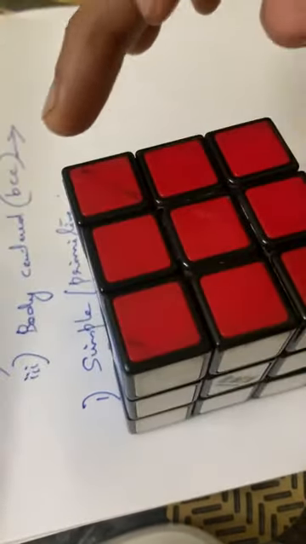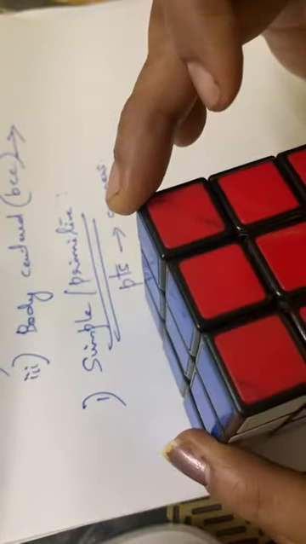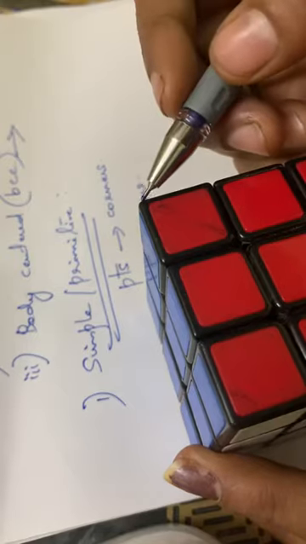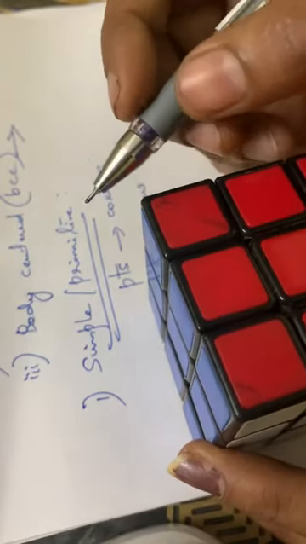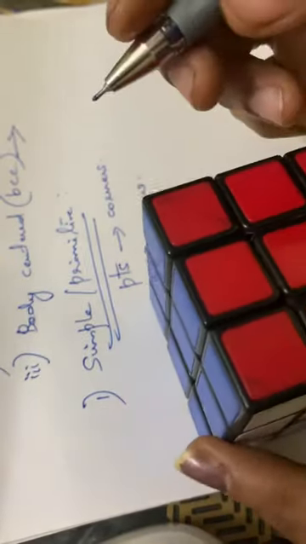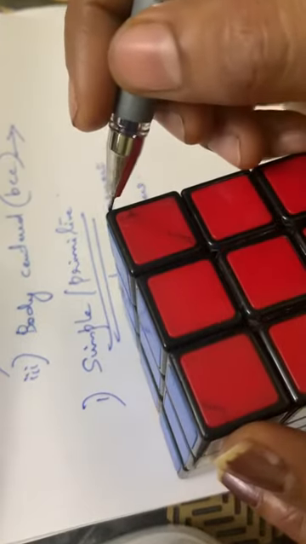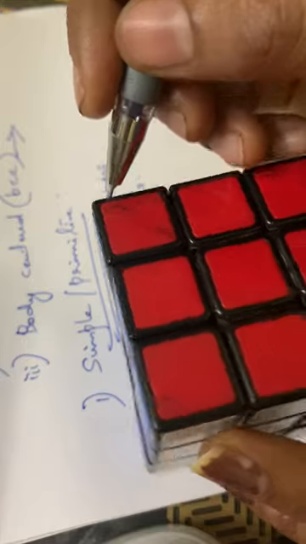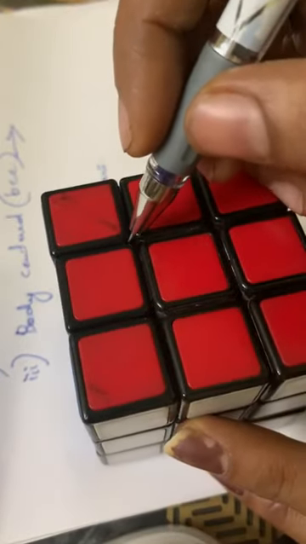At each corner there will be an atom, isn't it? And also at each corner, this atom will be shared by 8 unit cells. How? Suppose you consider this point.